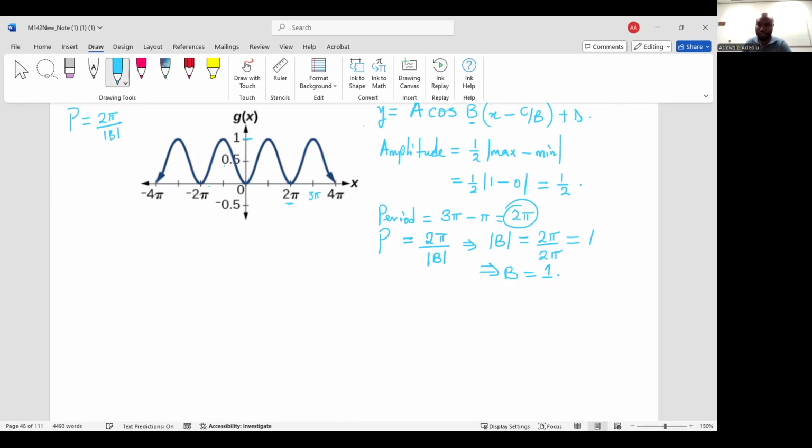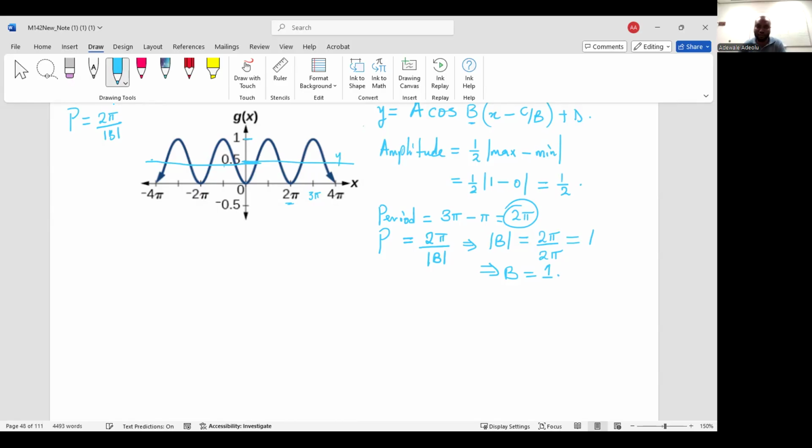If our amplitude is 1/2, that is from 0 to here is 1/2, then definitely our midline is going to behave this way. That is the halfway for that. Or just use your amplitude, 0.5. Just go there. That will be your midline.